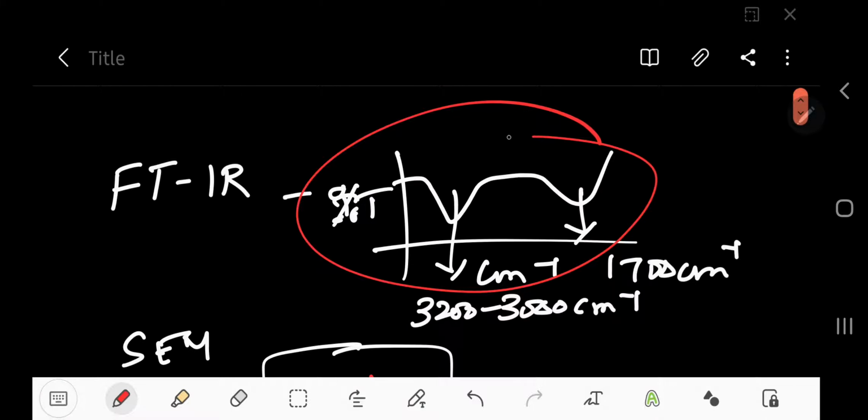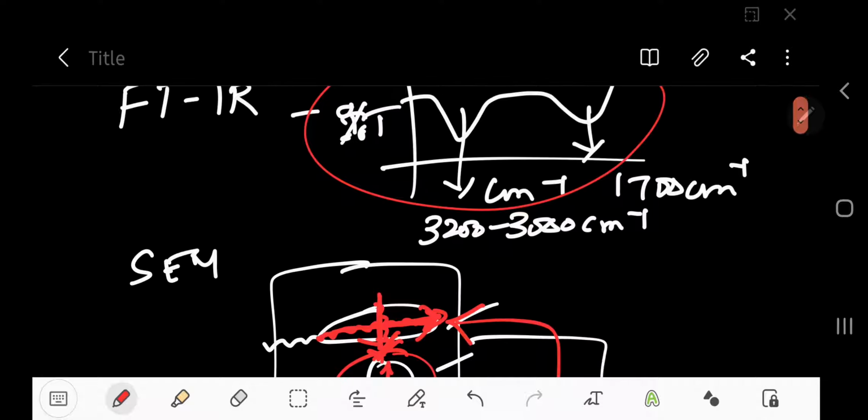Now coming to FTIR, it will help us to come out with what kind of technique we can use to separate the nanoparticle. We know that conventionally we can go for centrifugation technique or filtration technique to separate particles according to the shape, right? And apart from that, we can go for size exclusion chromatography, otherwise called gel permeation chromatography.